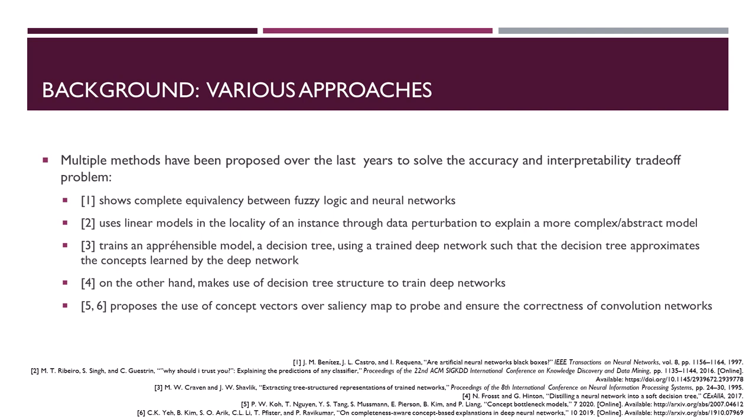In other cases, we use simpler models like decision trees or linear regression only to understand a small portion, or a locality, of the larger, more complex deep learning model. In other cases, people are trying to teach particular concepts that we understand to machine learning models. So there are various approaches that people are taking across the nation and across the world to address this problem.